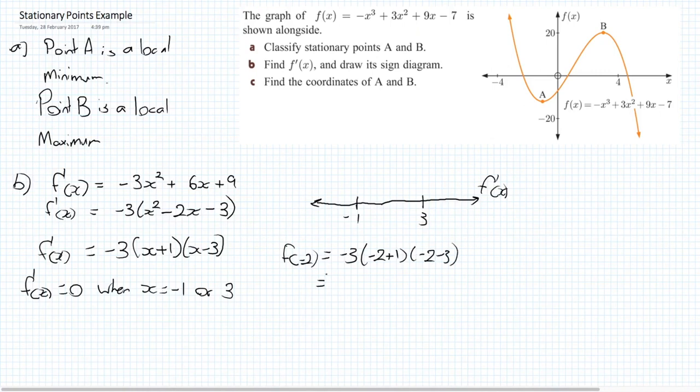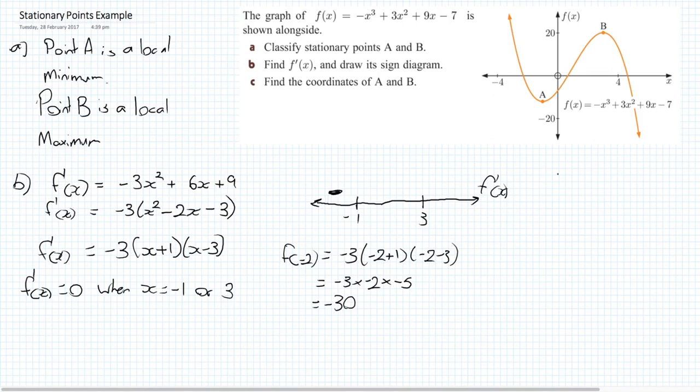So we've got -3 times -2 times -5. -3 times -2 is 6, times -5 is going to be equal to -30. So over this side, it's going to be negative.